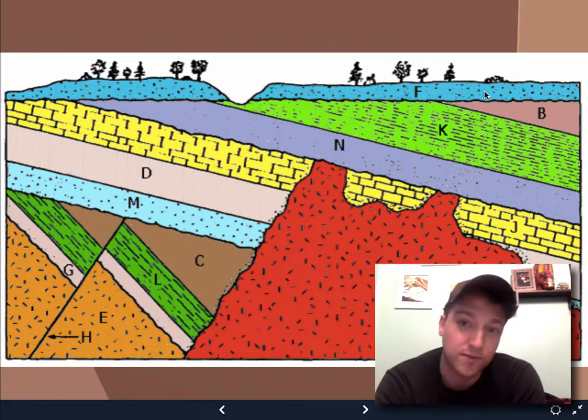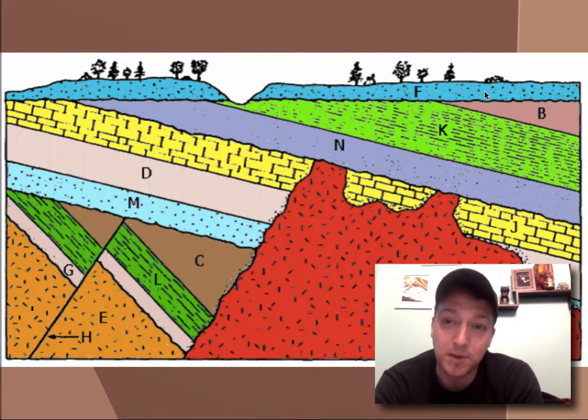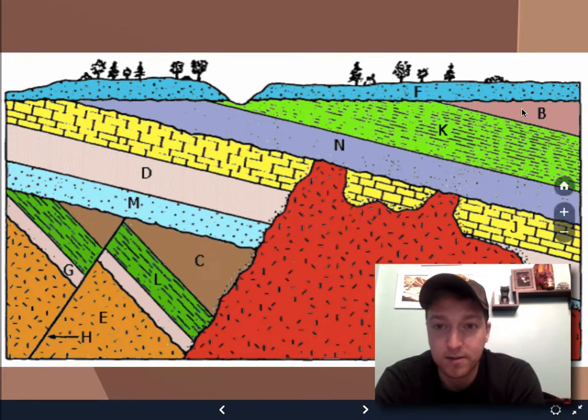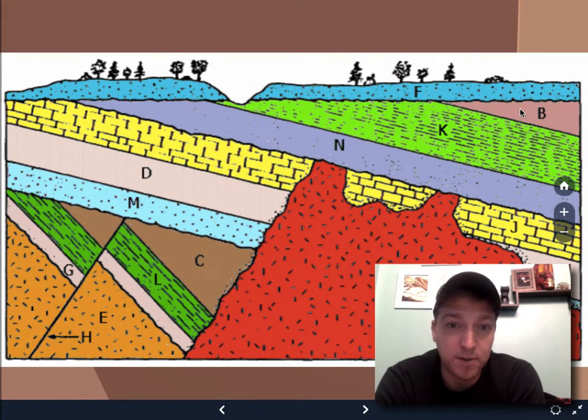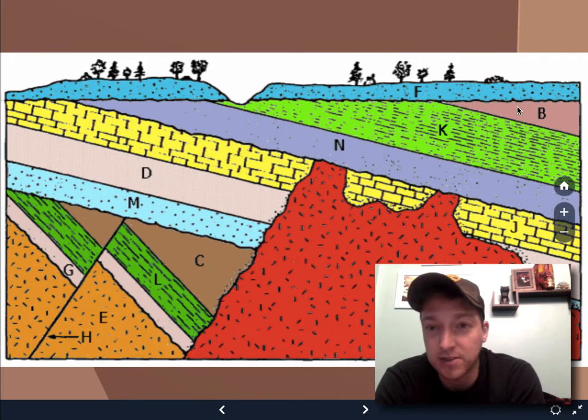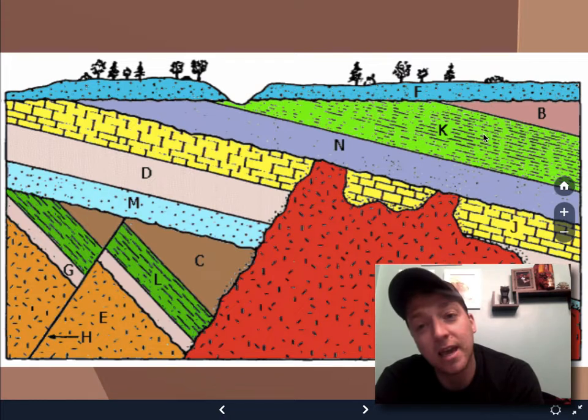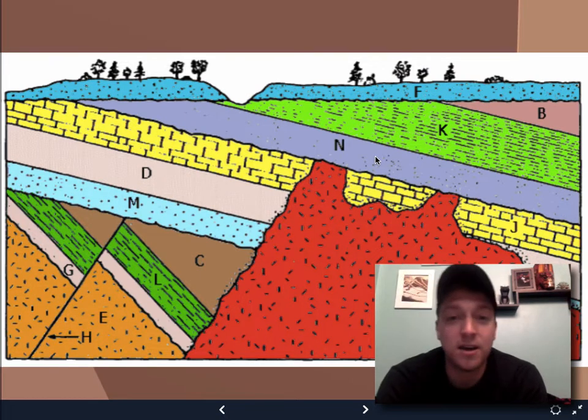It was just freshly deposited sediment, basically, soil. After that, if we keep going down, even though they're slanted, we can still go down. So after that, next youngest is B, the next youngest is K, the next youngest is N.